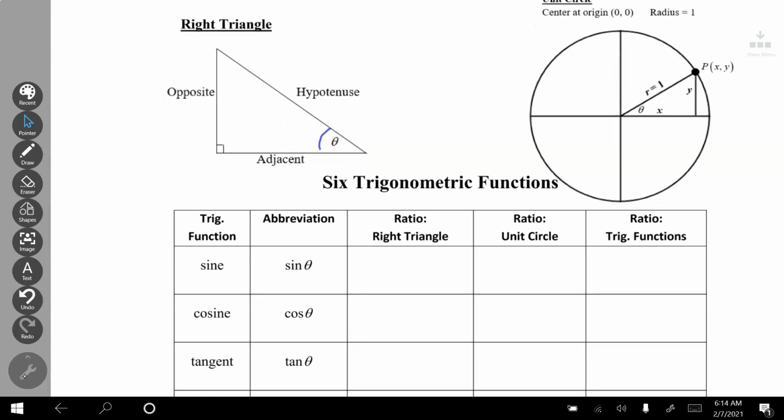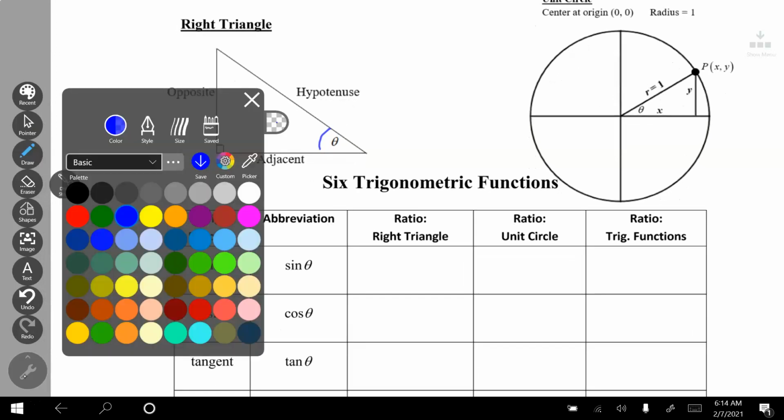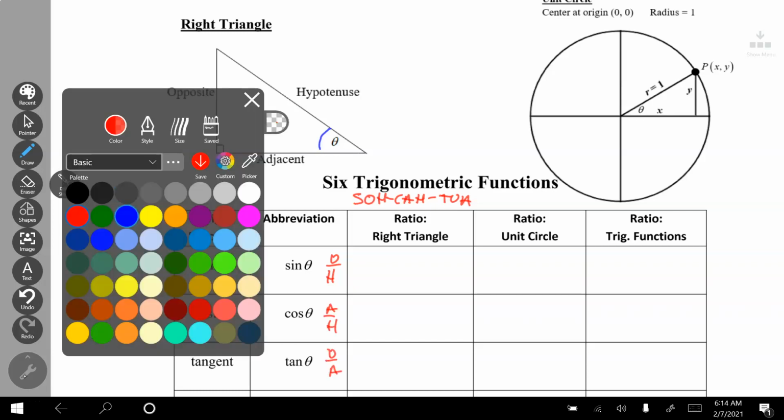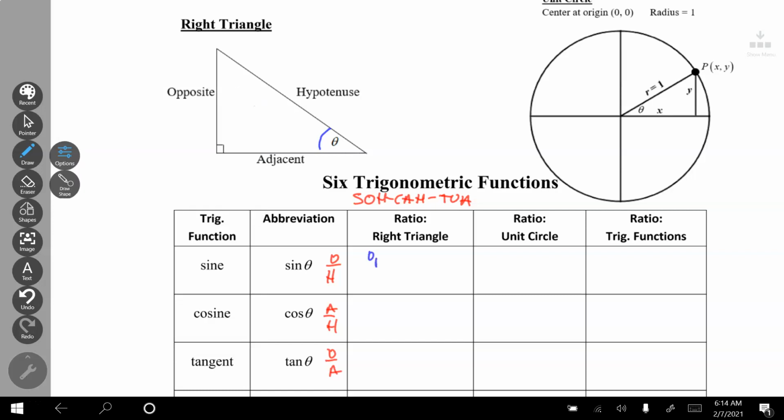Well, hopefully you do remember the little expression for a right triangle from geometry class, SOHCAHTOA. So sine is opposite over hypotenuse, cosine is adjacent over hypotenuse, and tangent is opposite over adjacent. And I'll write those out.